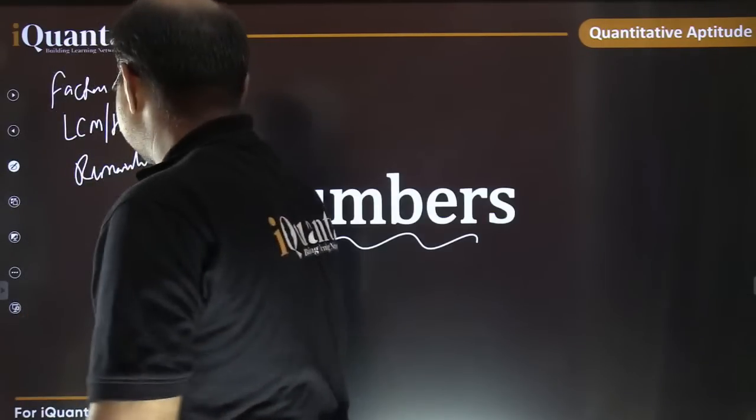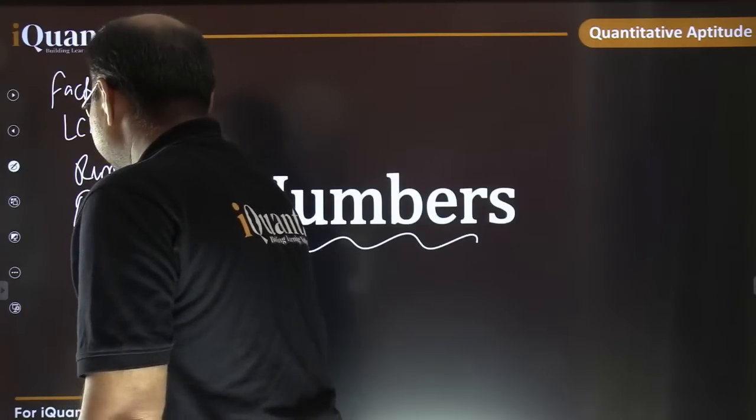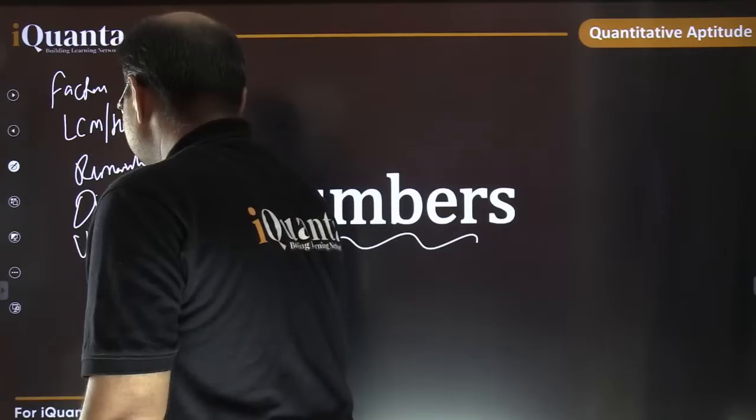Percentage is not a topic of numbers, Rohit. Yes, unit digit, tens digit, you can say divisibility rules. That's a good point. Divisibility rules. Unit digit, last two digits, that's a subtopic of remainders only. Permutation combination is not a topic of numbers. Fine, these are the basic topics, right?